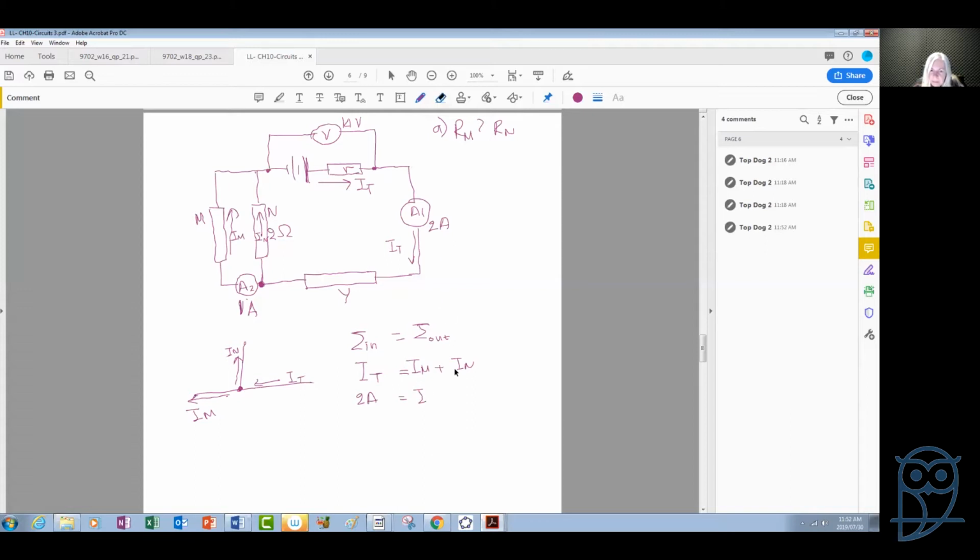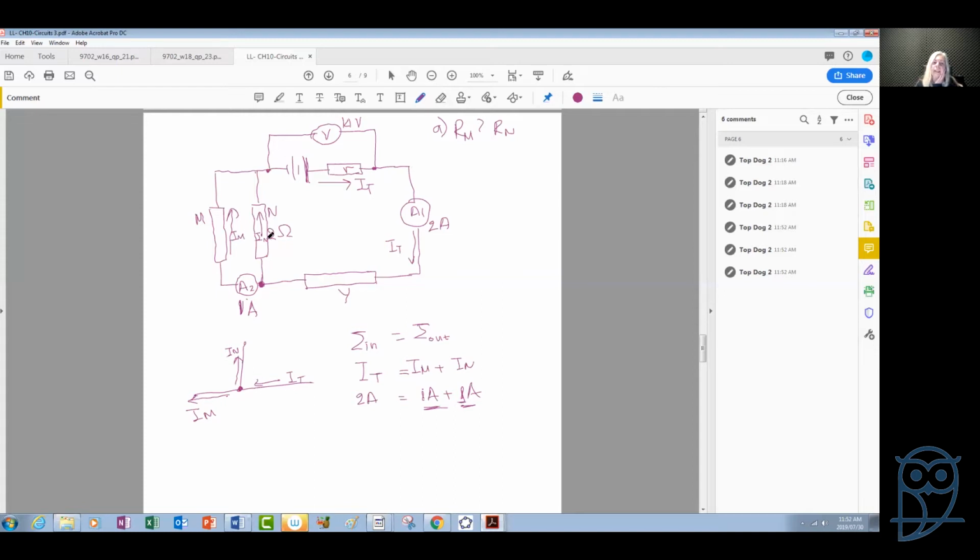1 ampere. And what must this current be then, which is unknown? Obviously, it must also be 1 ampere, isn't it? I'm just going to write it straight away. That's also 1 ampere. We have that these two currents are equal.